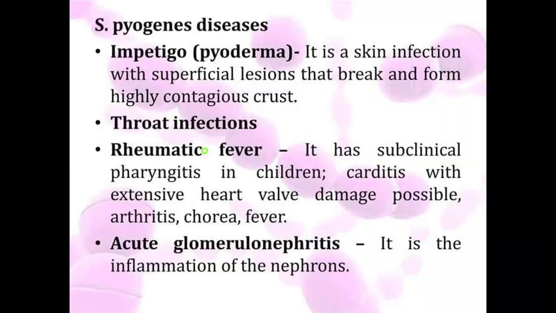I just wanted to mention it, but this is something you should know, and it is caused by strep pyogenes. That is more of pathology. In microbiology, they just expect you to know impetigo, rheumatic fever, strep throat, and acute glomerulonephritis. But in pathology is when they want you to know the details. I hope I'm clear.